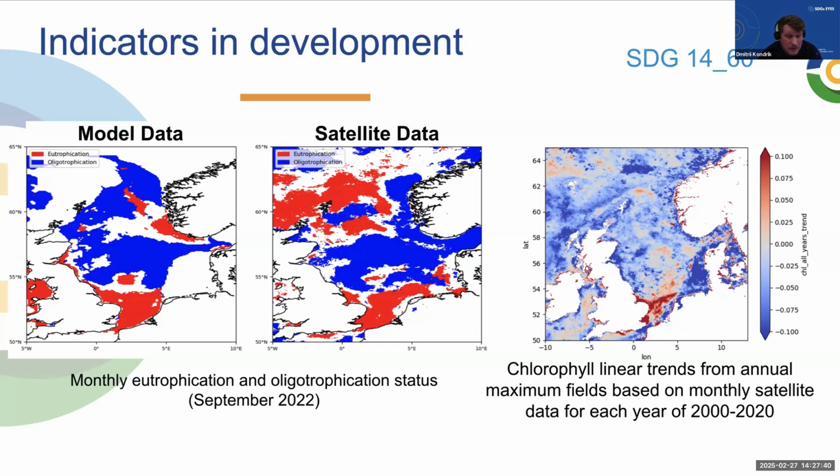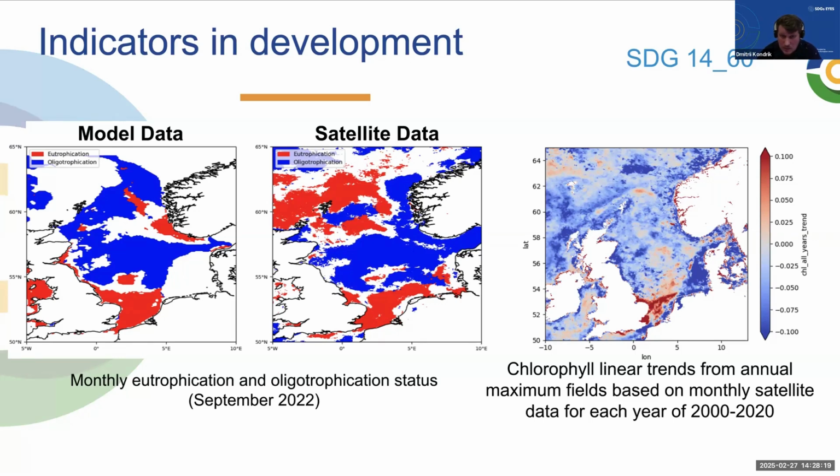Of course, there is much bigger variability in terms of the spatial pattern, but on the other hand, we have the possibility to assess the eutrophication state on a monthly basis. On the right-hand figure, we can see chlorophyll linear trends from the annual maximum field based on monthly satellite data, which, as I said, is needed for the calculation of a different eutrophication indicator, based on a combination of this trend coefficient and the absolute averaged values of chlorophyll.